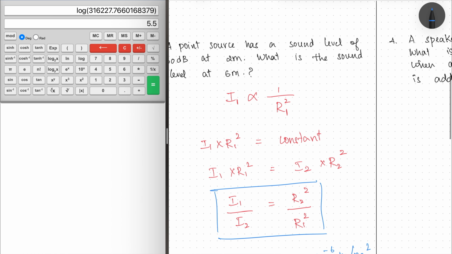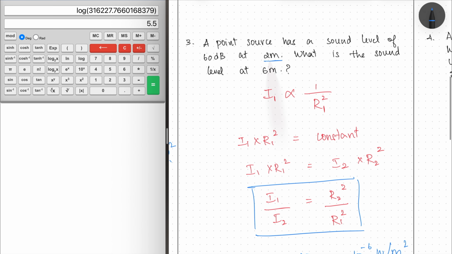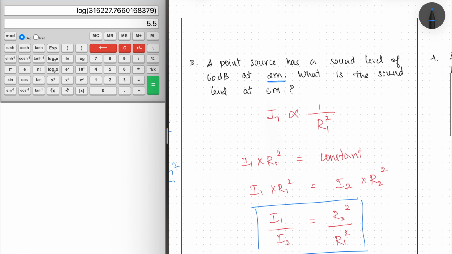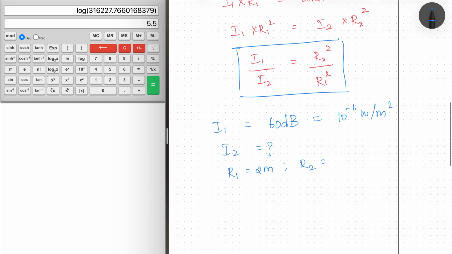R1 they have given us 2 meters, so R1 is 2 meter and R2 is, they have mentioned, 6 meter. So you just apply it in the formula. Your I1 is 10 to the power minus 6. I2 we need to find out. R2 square is 6 square divided by R1 square is 2 square.